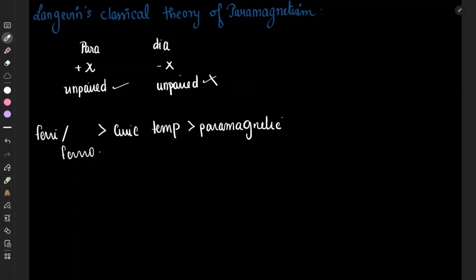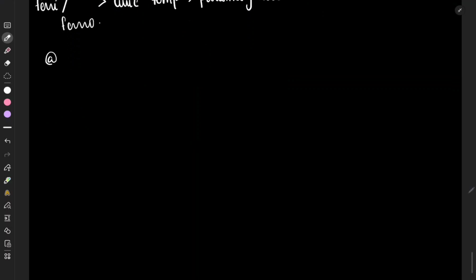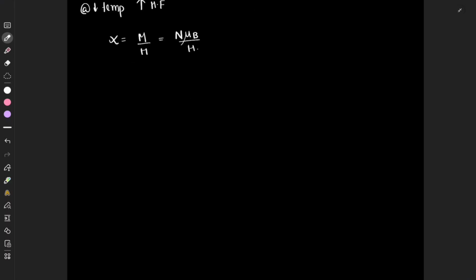If temperature increases, the magnetization decreases. So at low temperature and high magnetic field, we write susceptibility equal to M by H, where M is equal to N mu_m cos theta by H. Here mu_m cos theta is the component of the magnetic moment with respect to the applied field. We are assuming this gas is a molecular gas so that we can use the Maxwell-Boltzmann distribution.